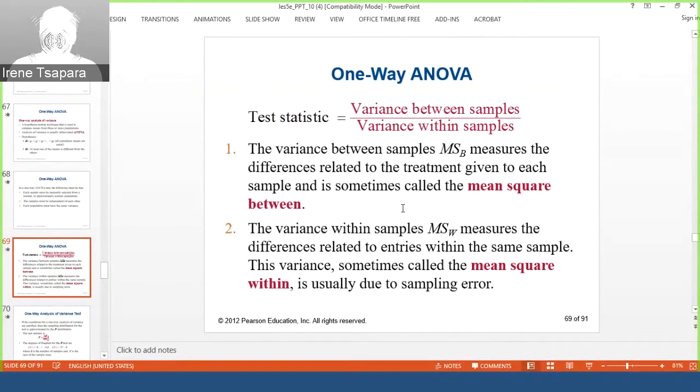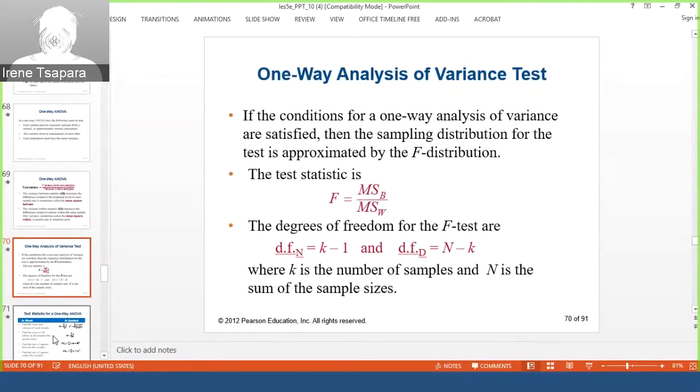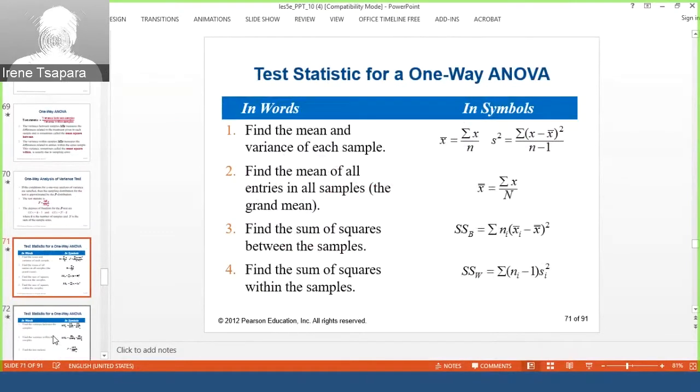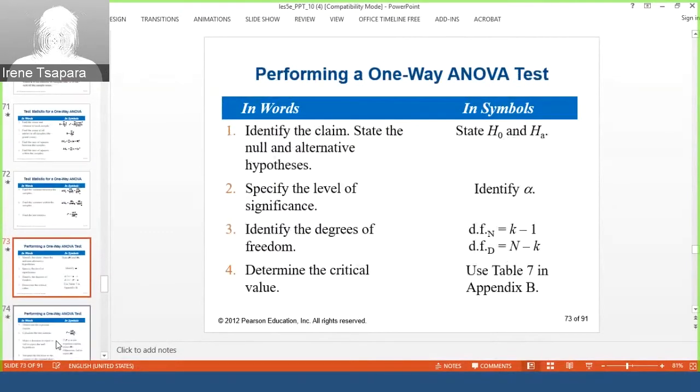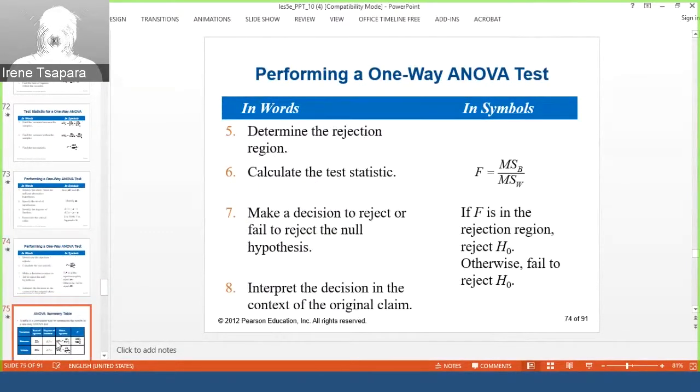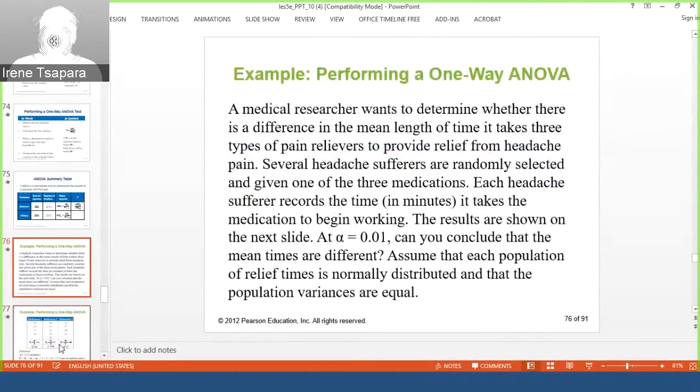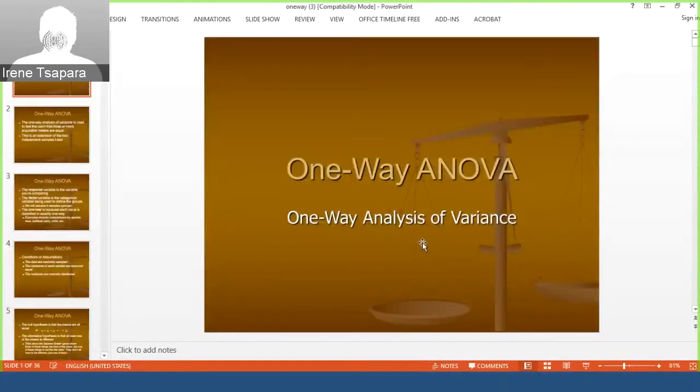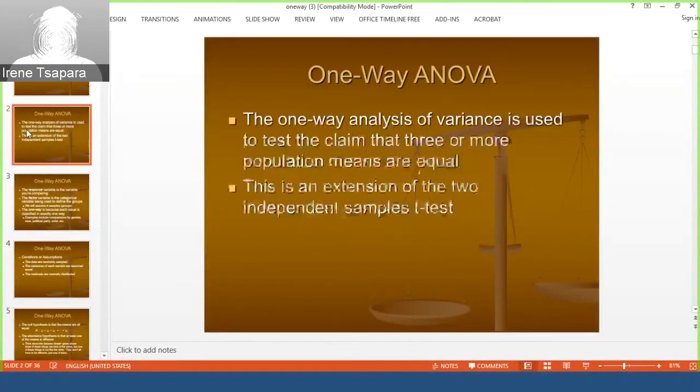So instead of going through this presentation, I will go immediately to the secondary presentation that I have prepared for you in order to dive into a specific problem and look at it step by step.